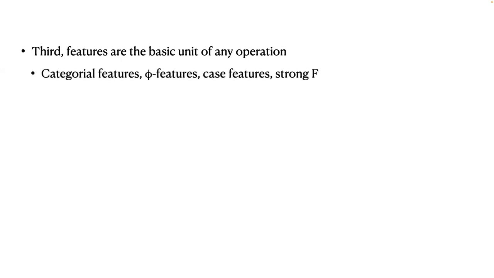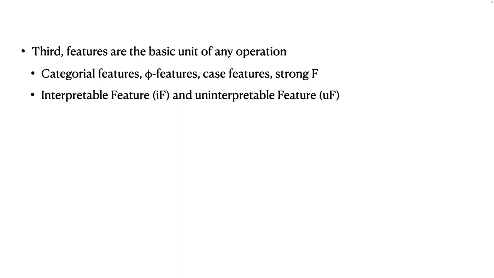Third, the subject of all syntactic operations is lexical features. In Chomsky 1995, the features are classified as follows: category features, phi features, case features, and strong F. These features are divided into interpretable features and uninterpretable features. Uninterpretable features must be interpreted through feature checking in accordance with Chomsky's full interpretation principle.